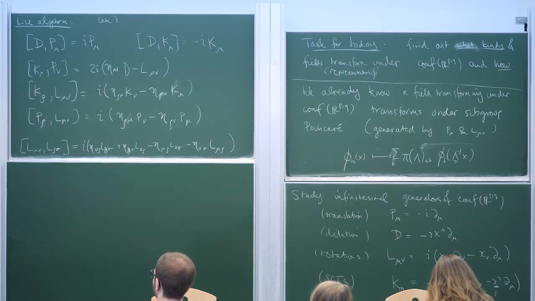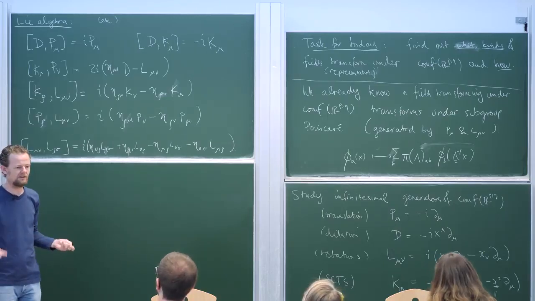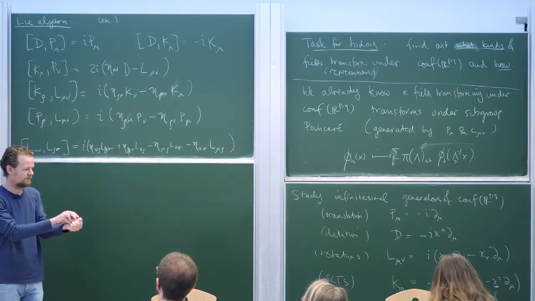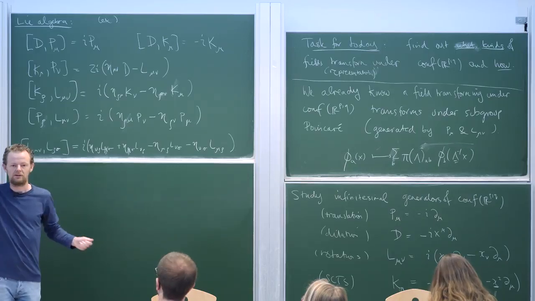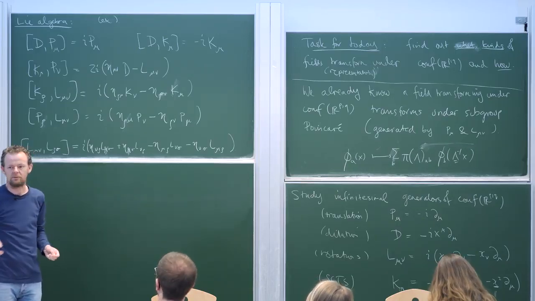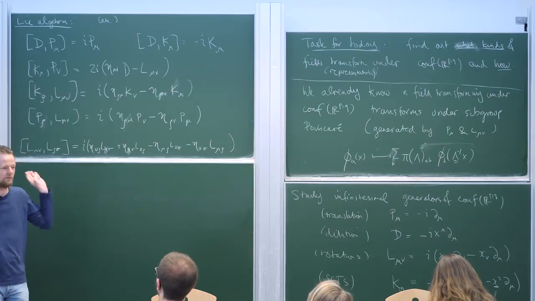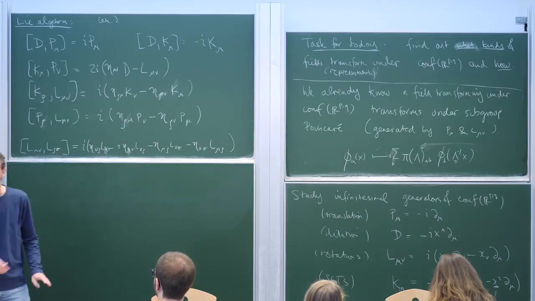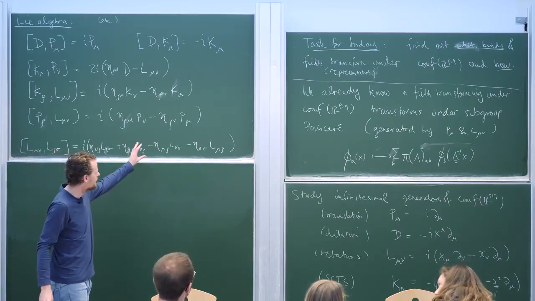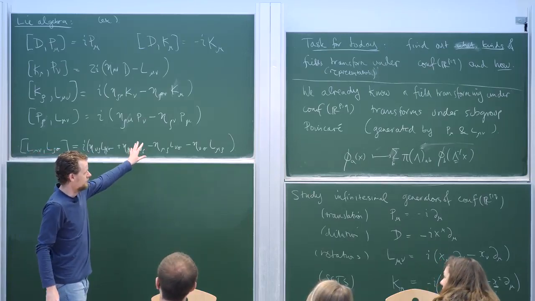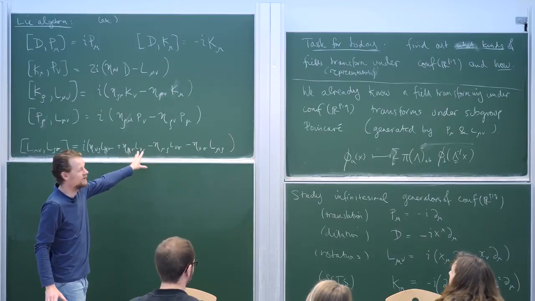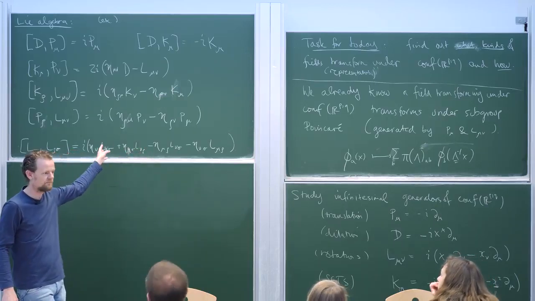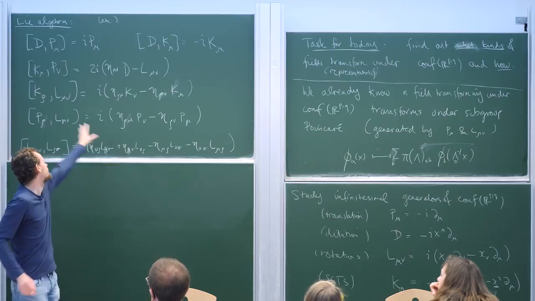So translations are a bit of a distraction, right? They move the origin. They don't act in any other way than to move your field from one space-time location to another. No particular rotations occur along the way, unless it's in a magnetic field or a gauge field, in which case you have to worry about parallel transport, but we're not going to go down that road. We're going to think about just fields which transform in the obvious way under translations.